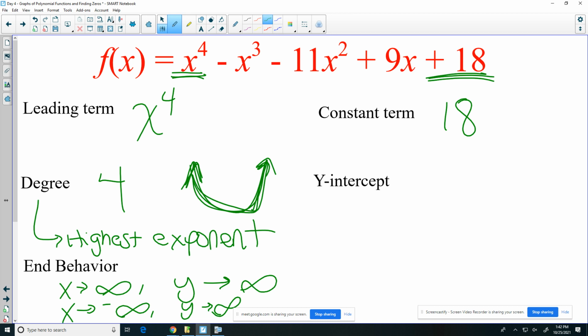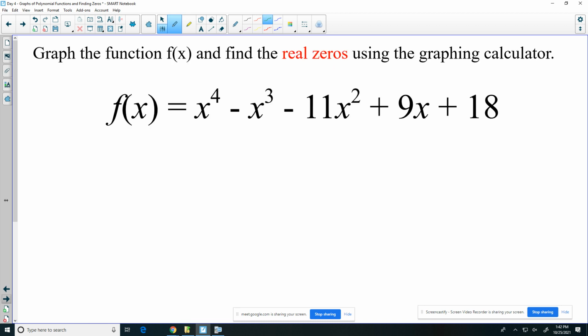It's my y-intercept. It tells me where that graph is going to cross the y-axis. Excellent. We know a lot of information about this graph, and we haven't even looked at the graph yet. We have an idea of what this thing is going to look like. Excellent. So now, let's look at the graph.